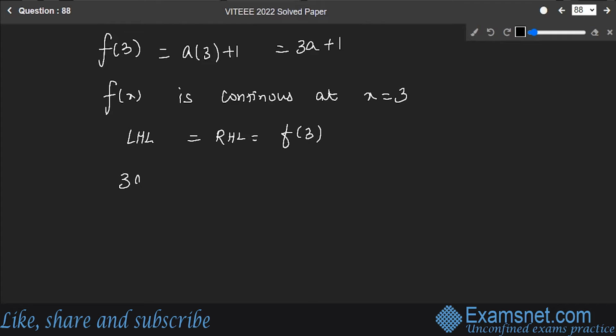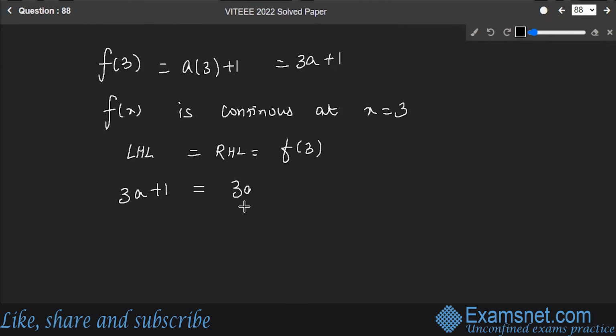Which means 3a + 1 is equal to the right hand limit, 3b + 3. Okay, so these two are the same.